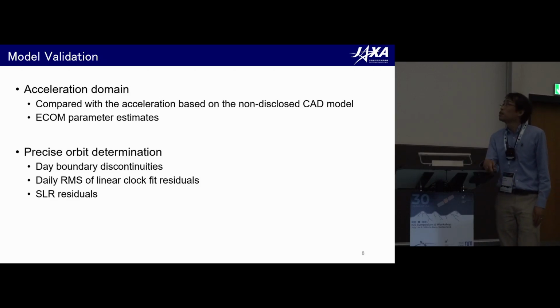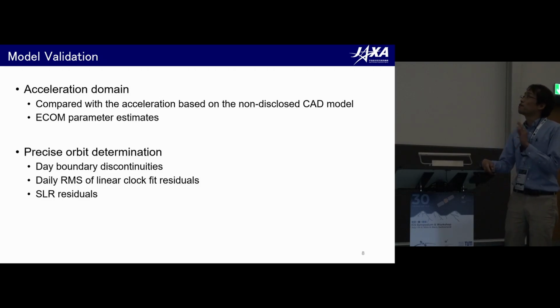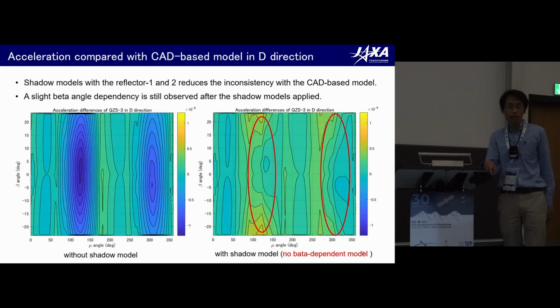From the next slide, I will show you some validation results of the shadowing model, where the validation is divided into the acceleration domain and the precise orbit determination, which means the position domain.